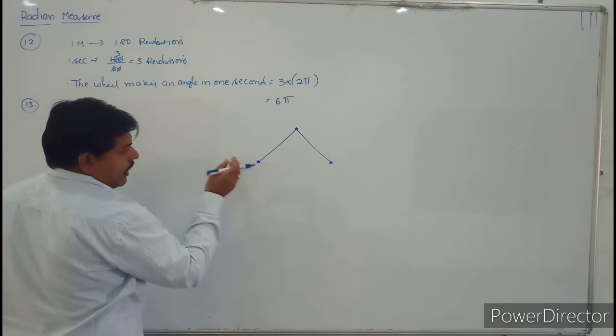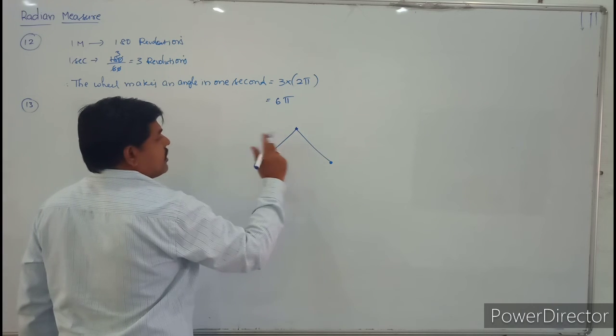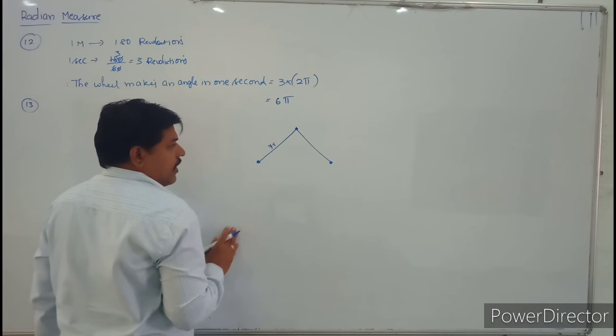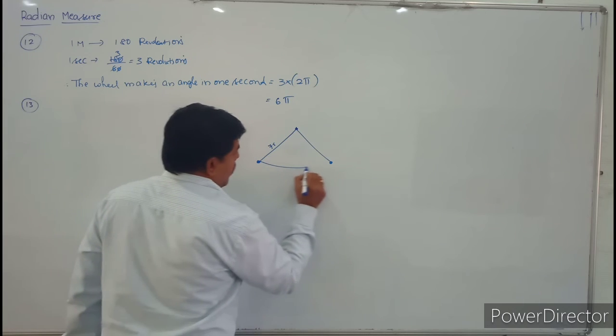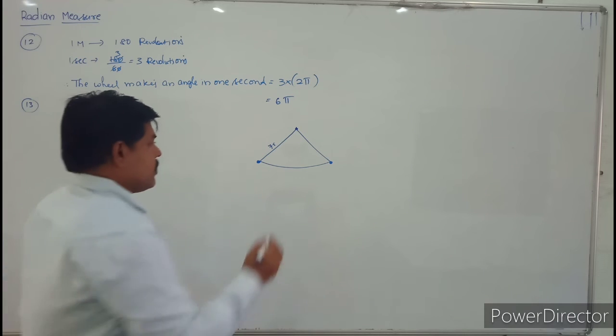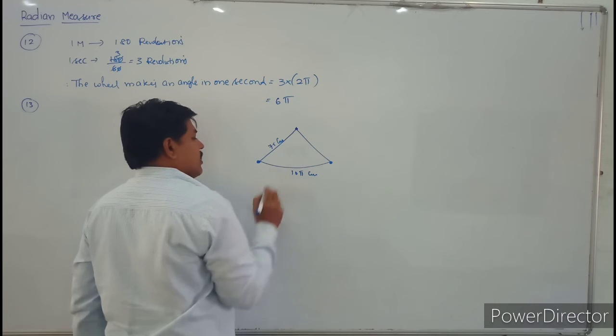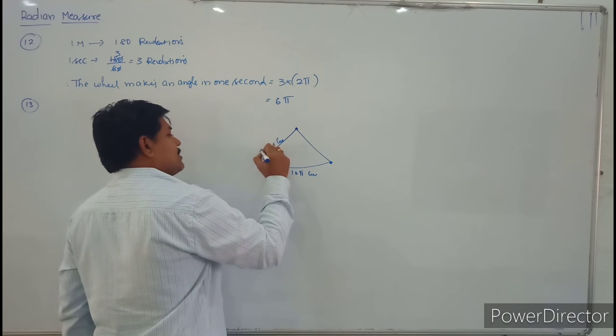This length is already given, 75, and this arc length is also given, that is nothing but 10 pi centimeters. This is L and this is R.